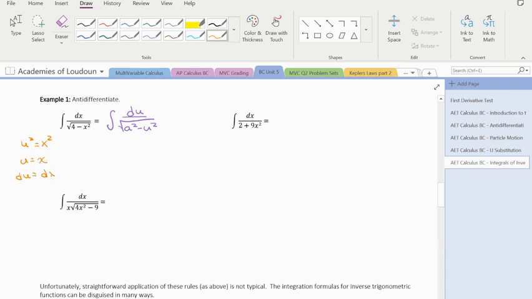Du will be dx. Then a squared will be 4, which means a is just going to be 2. This gives us the antiderivative of arc sine of u over a plus c, which is then arc sine of x over 2 plus c.